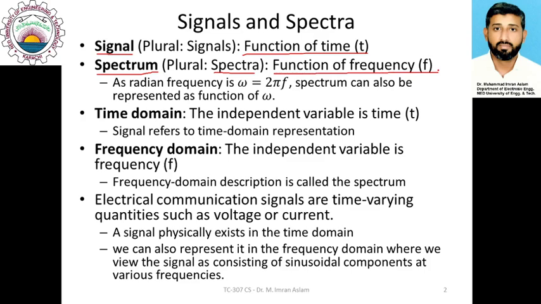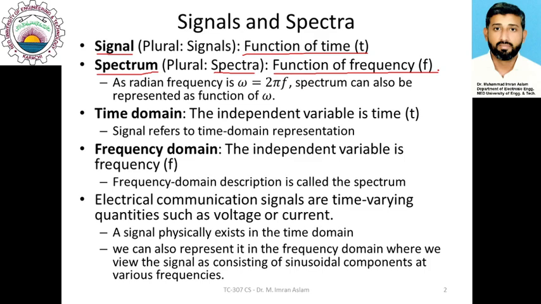If you recall, in our previous lecture we talked about the electromagnetic spectrum, and in defining the electromagnetic spectrum and different bands, we refer to different frequency ranges. So that electromagnetic spectrum is actually represented as a function of frequency. Whenever we have a function of frequency, we call it spectrum, and whenever we have a function of time, we call it signal.